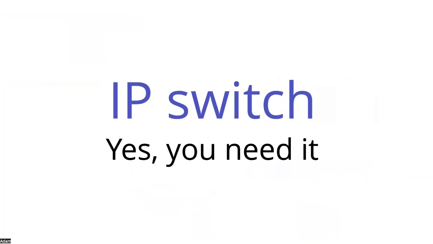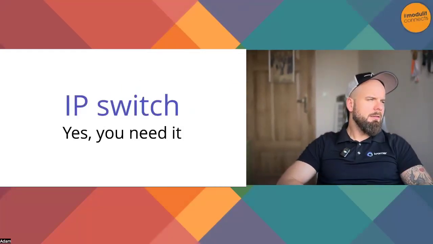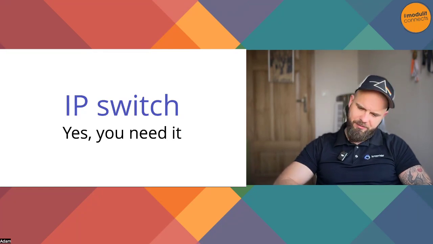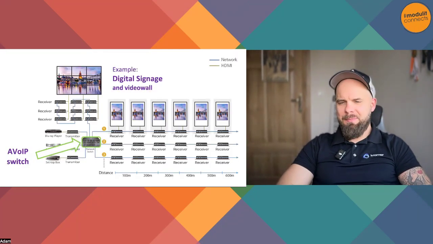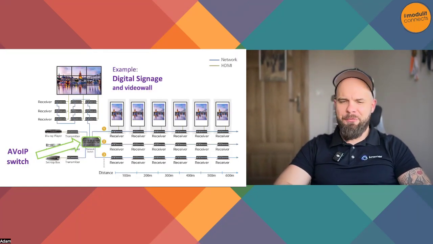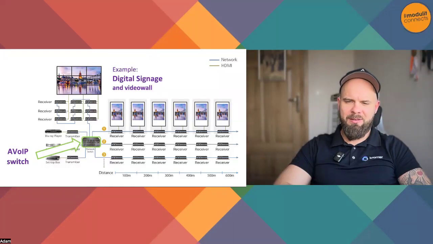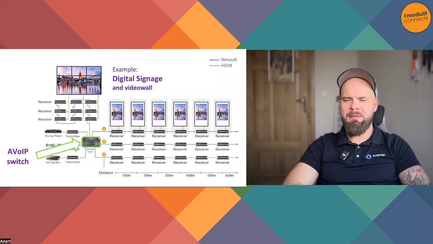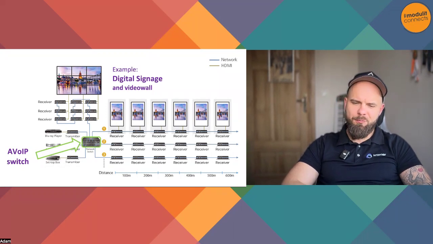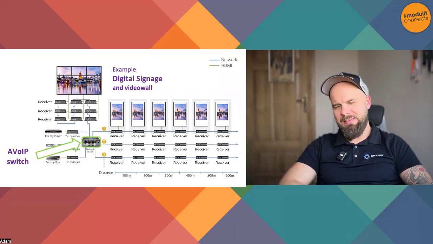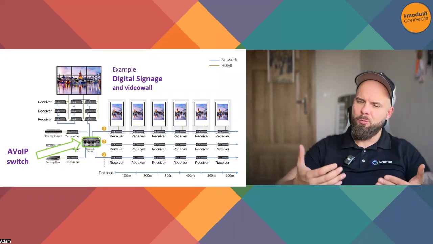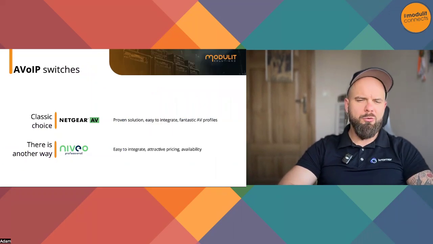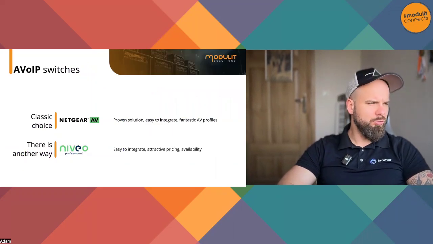Okay, about the products, don't forget about IP switches. Yes, you need them, because a key part of every AV over IP installation is, of course, the AV over IP switch, because AV over IP uses network infrastructure to transmit the signal. From our perspective you can do it in two ways.